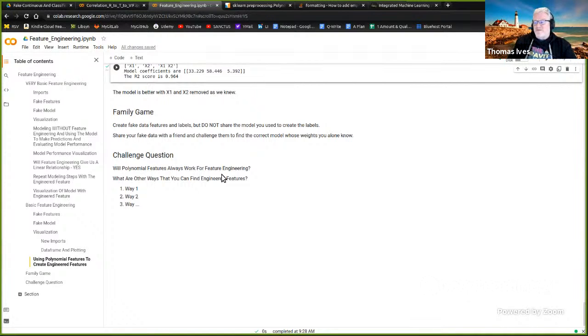So you could look endlessly for the best engineering of features, and it would be more than just polynomial features. Let's say it's cyclical. Well, you might need a trigonometric function like sine or cosine. That can be a form of feature engineering.